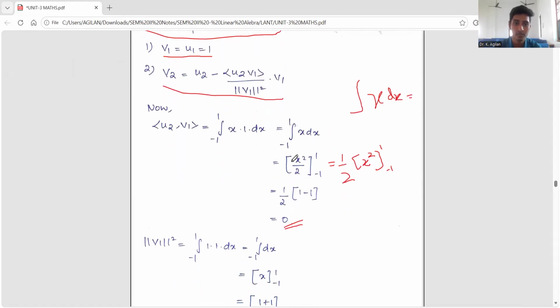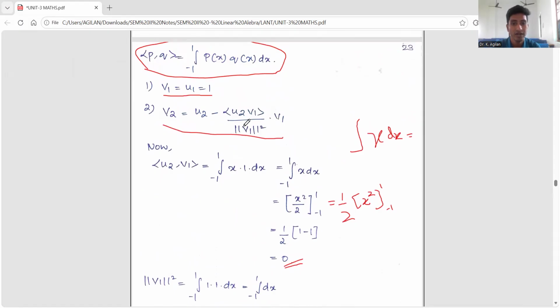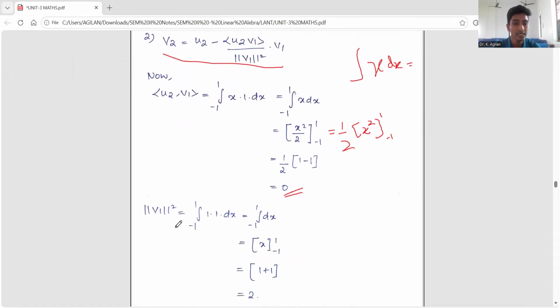Okay, so V2 we have found. Then we can consider the norm of V1 squared. What is the norm of V1 squared? As in the last problem, the norm of V1 squared is nothing but the inner product of V1 comma V1. Why do we consider this term?